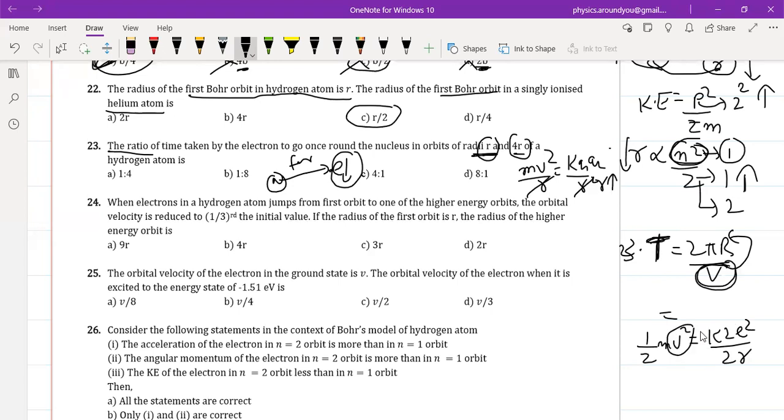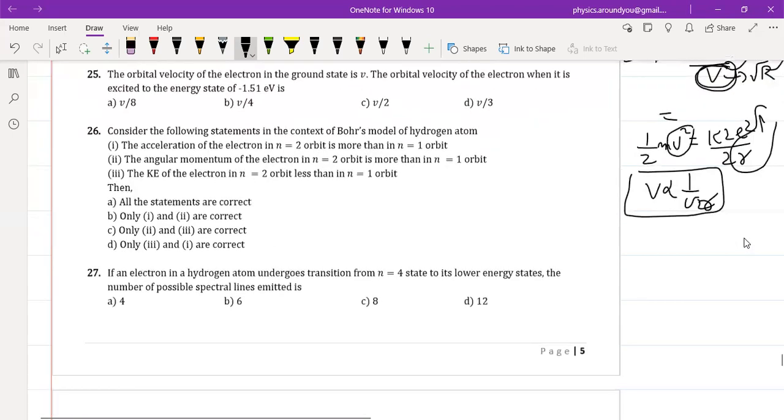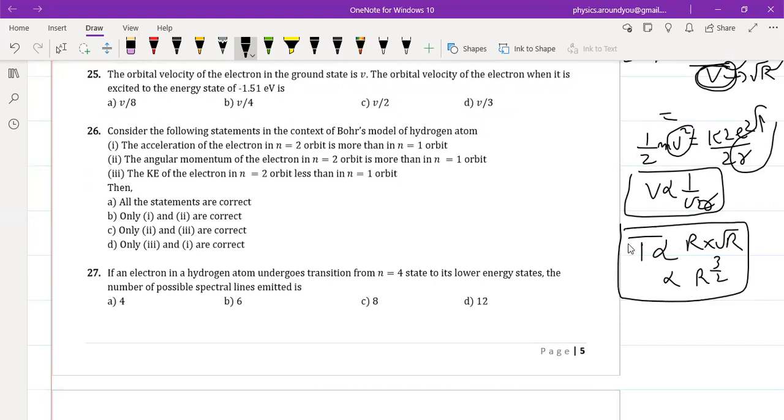So V square is proportional to 1 by R, or V is proportional to 1 by root of R. So this V over here, I can simply put it to be 1 by root of R. This root of R goes to the numerator, and now I get time period proportional to R into root R, or R power 3 by 2. Now my life is easier.